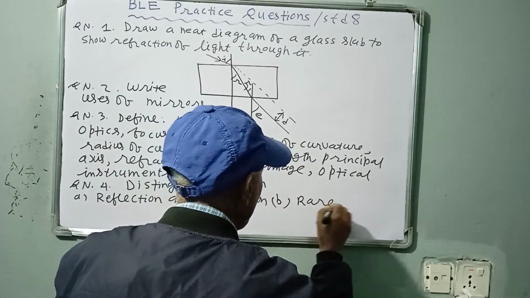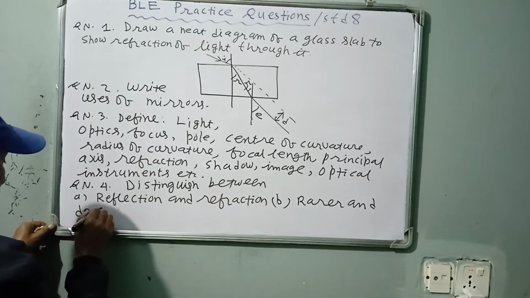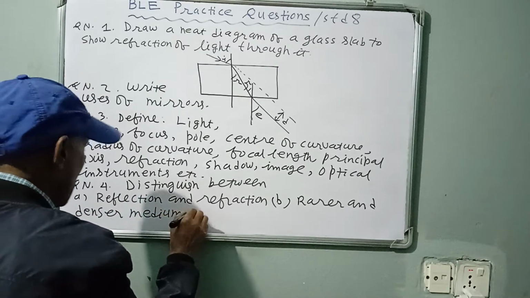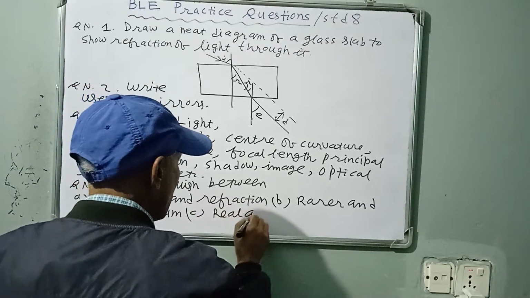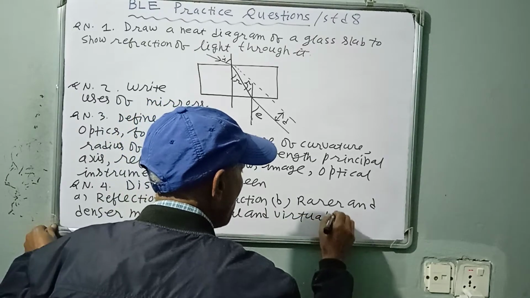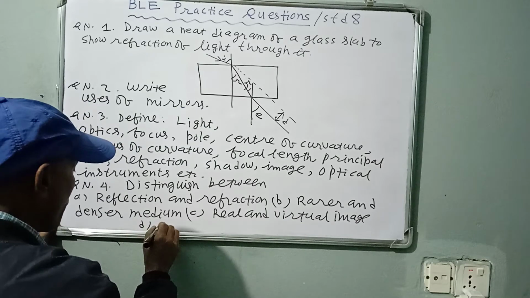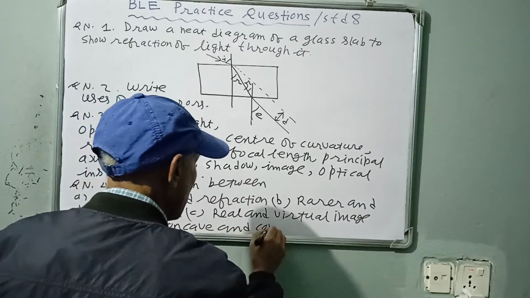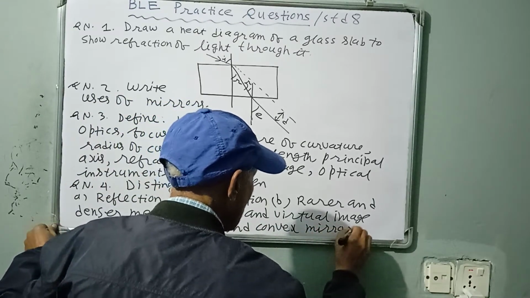Rarer and denser medium. Real and virtual image. And D, concave and convex mirror.